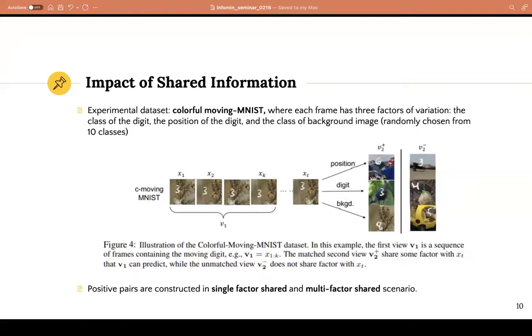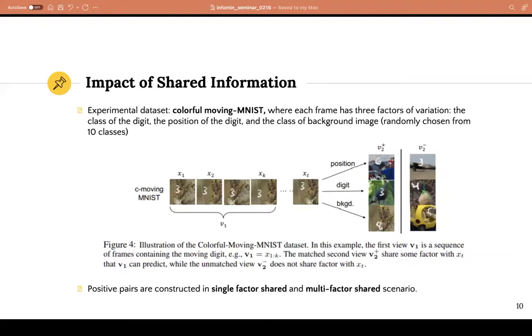The experiment uses a dataset called Colorful Moving MNIST, where each frame has three factors of variation: the class of the digit, the position of the digit, and the class of the background image, which is randomly chosen from 10 classes. So it's controlled. Figure 2 is an illustration of this dataset.